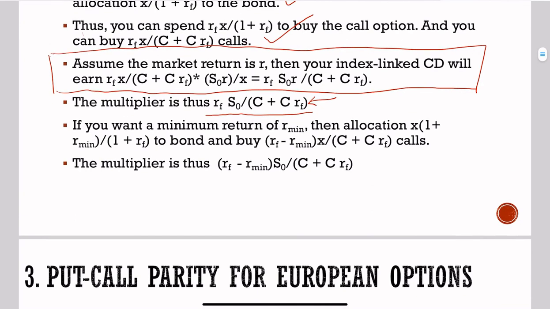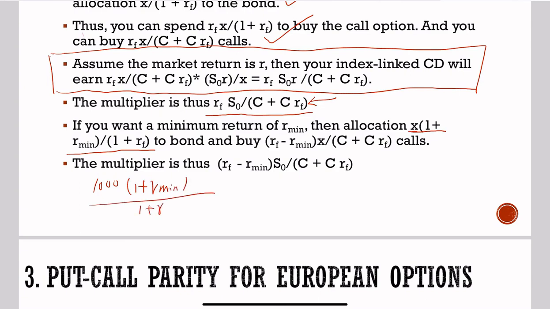So you will allocate this amount to the bond. Let's say you have $1,000. If you allocate this amount into the bond at the beginning of the year, then after 1 year this amount would become this. You can see that these two guys would just cancel out, and then this $1,000 would become 1,000 times 1 plus R min.